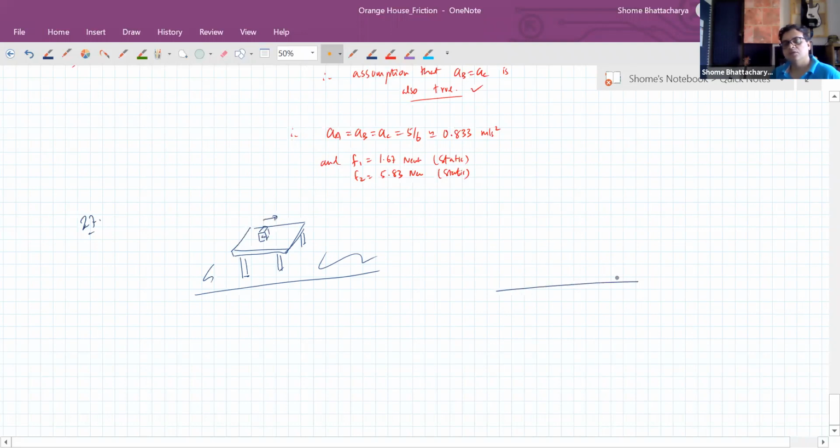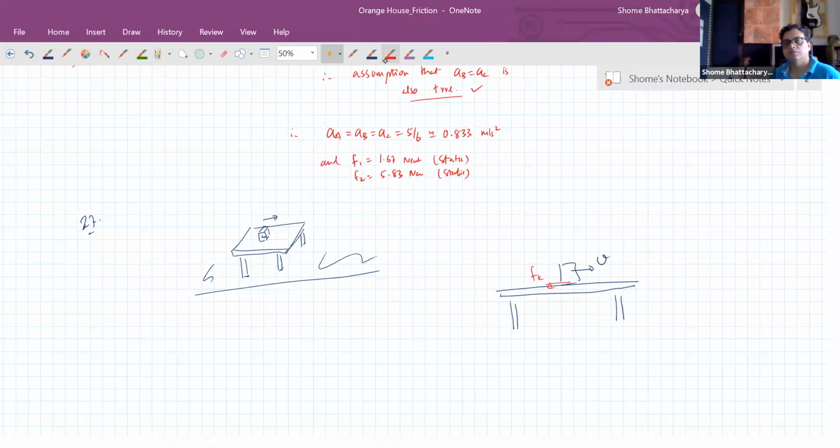On the table top we have this block which is in motion. So there will be a friction acting on it. The block has a mass m. The kinetic friction acting on the block will be mu mg, where this coefficient of friction is mu.